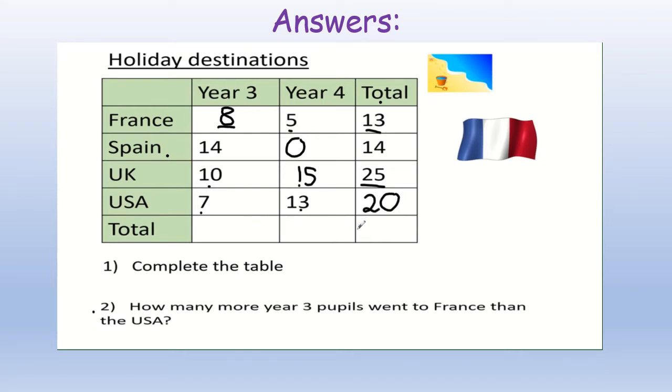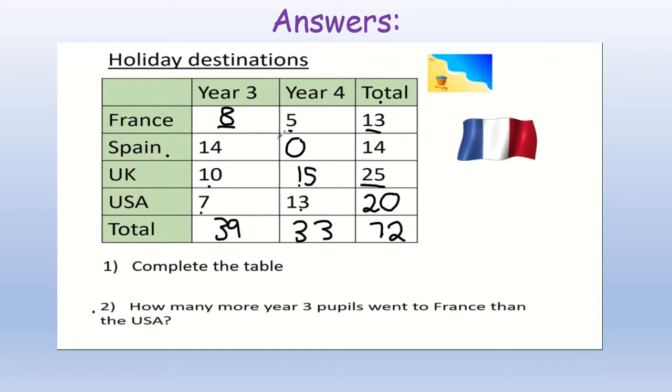Now we can add up our totals. 8, add 14, add 10, add 7, should have given you 39. 5, add 0, add 15, add 13, should give you 33. And that should make the overall total going altogether 72.